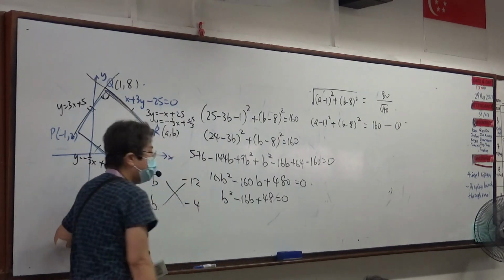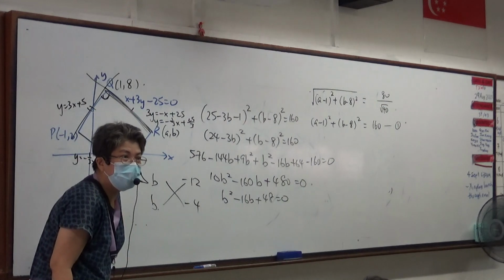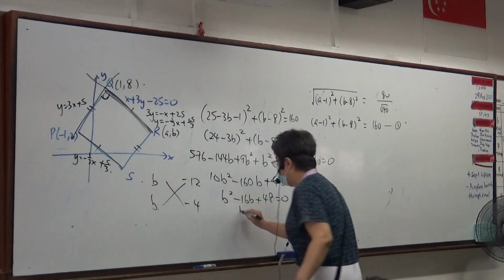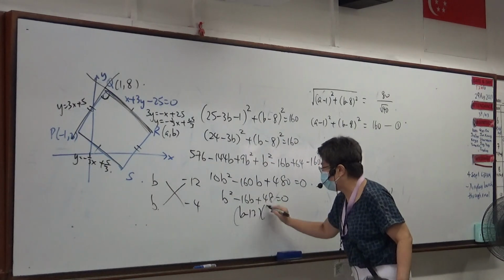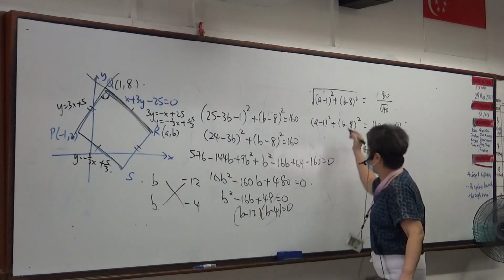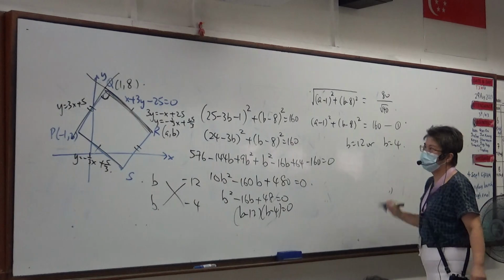Both negative, am I right? Is this correct? Yes or no? Yes. So I will get (b minus 12)(b minus 4) equals 0. So what is my b? b equals 12 or b equals 4.